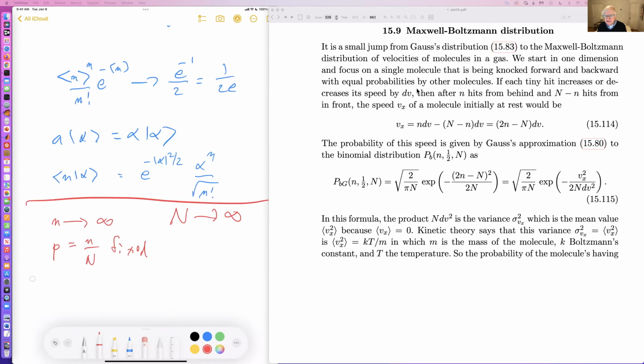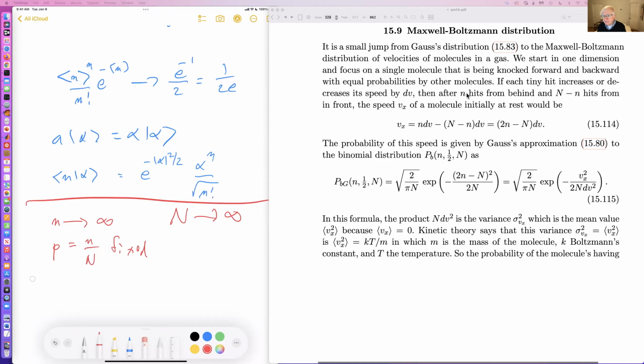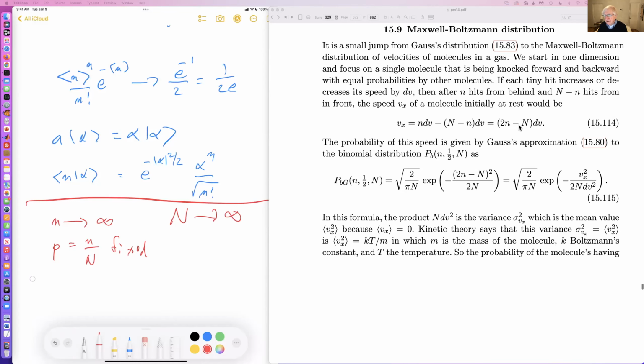Each hit increases its speed by dv, and if there are n hits from behind and capital N minus n from in front, then the speed, if it starts at rest, is 2n minus capital N times the change in velocity.